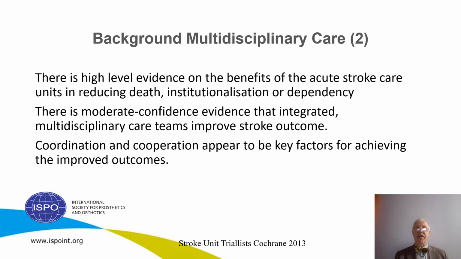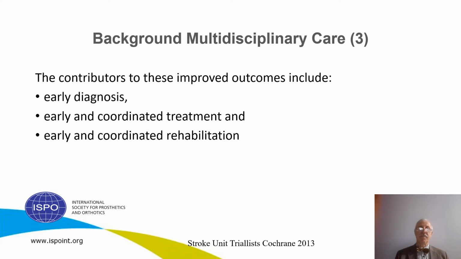It appears that coordination and cooperation of the team and the team members are the key factors for achieving the improved outcomes. The contributors to these outcomes seem to be predominantly early diagnosis, early coordinated treatment, early and coordinated rehabilitation.